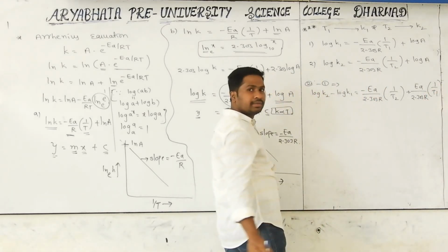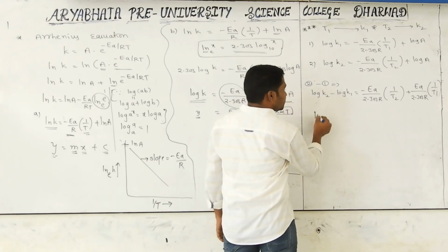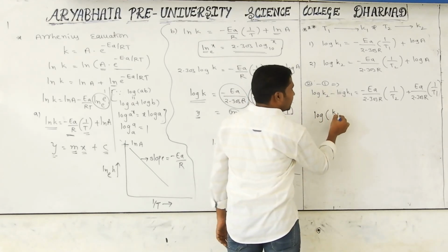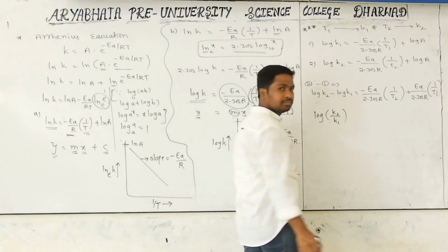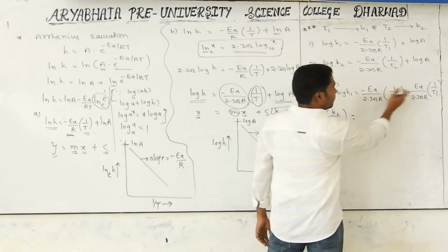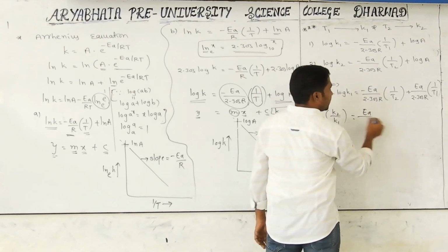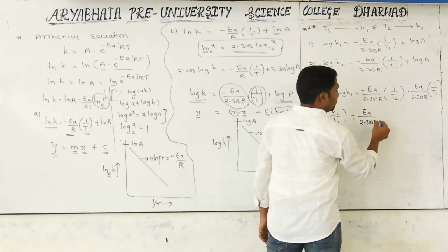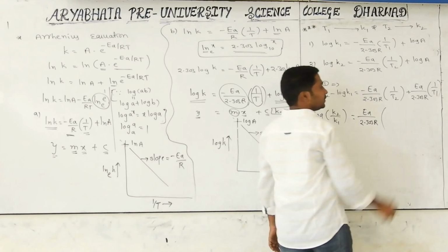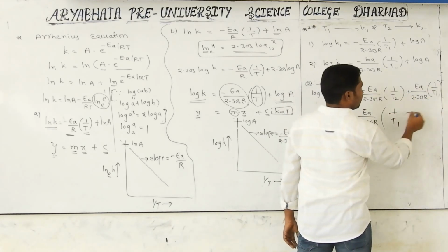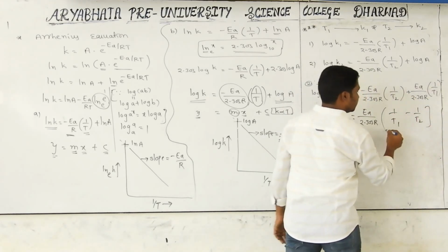Log A minus log B is log A by B. Yes, very good. Log K2 by K1 is equal to EA by 2.303 into R, then what is remaining? 1 by T1 minus 1 by T2.